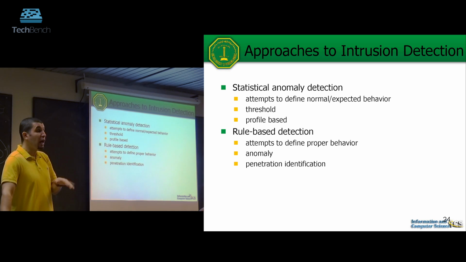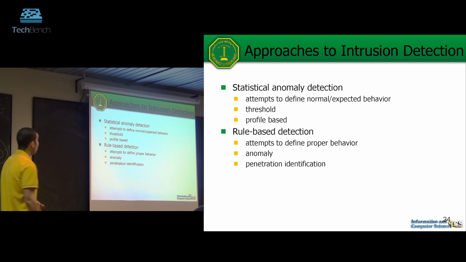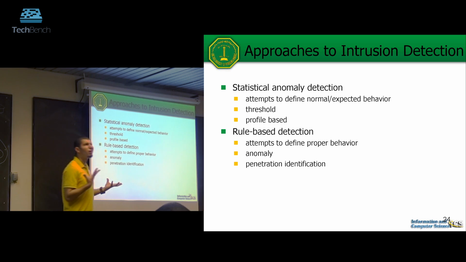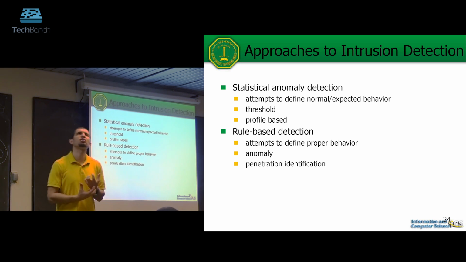The misfeasor is an insider, someone who has a user account but is trying to do something different from his normal behavior. Now, if you have signatures for attacks, is it efficient to detect masqueraders?